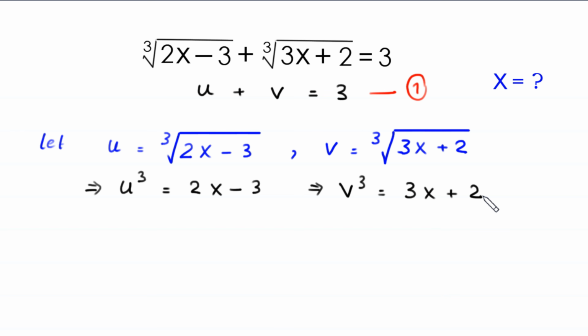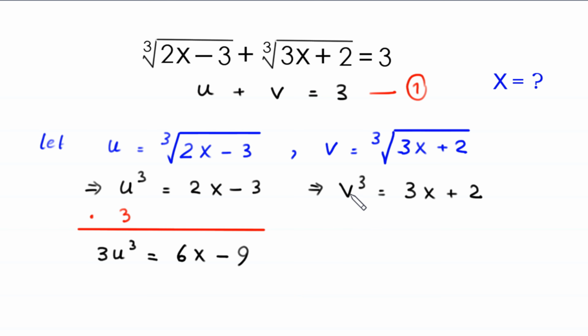Now to eliminate x from these two equations, we multiply this equation by 3. So this will become 3u cubed equal to 3 times 2x, 6x, and 3 times negative 3, negative 9.